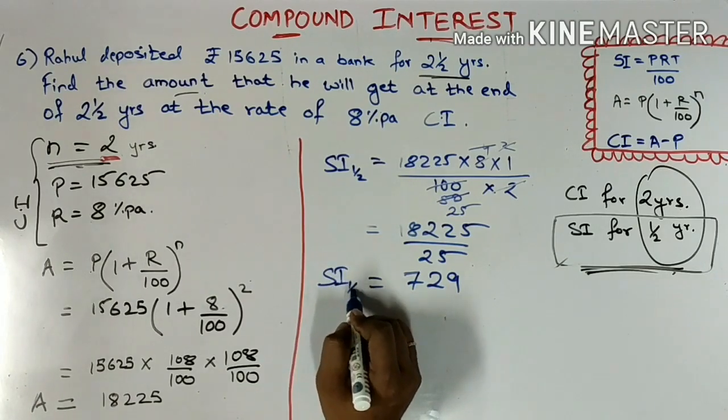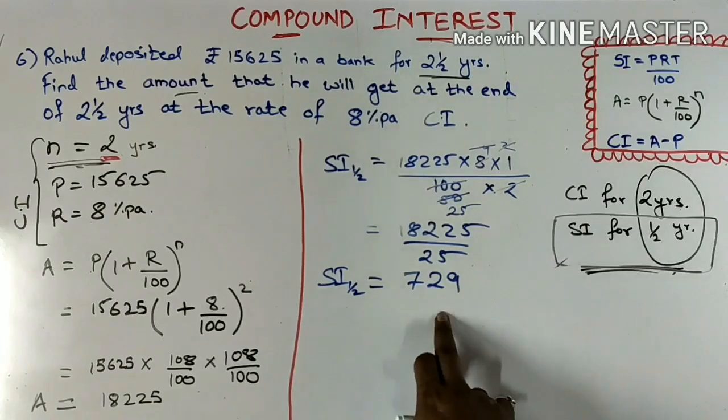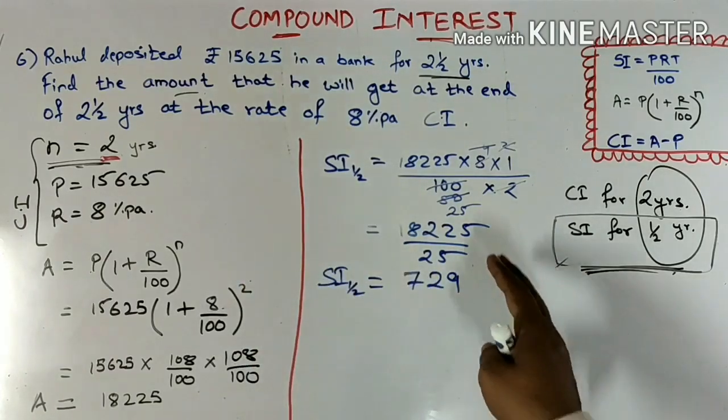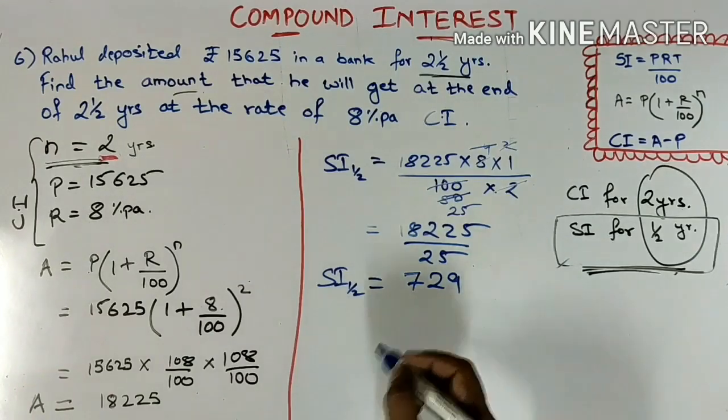So the simple interest for the half year at the end of 2 years, or at the end of the tenure of 2.5 years, will be this.